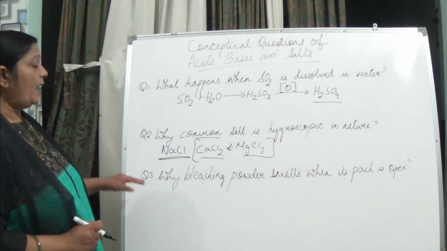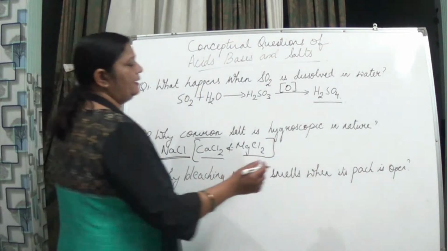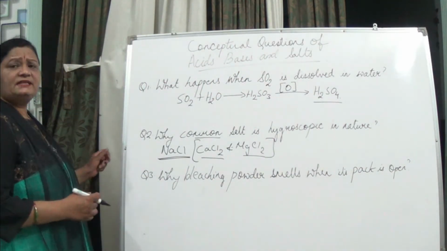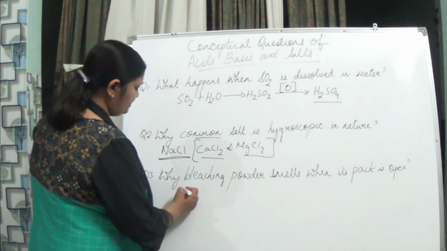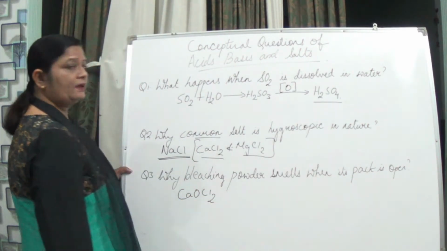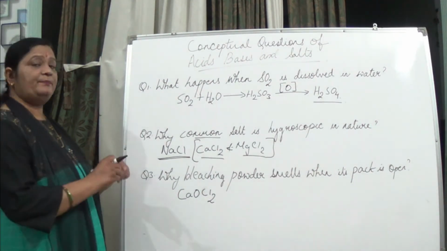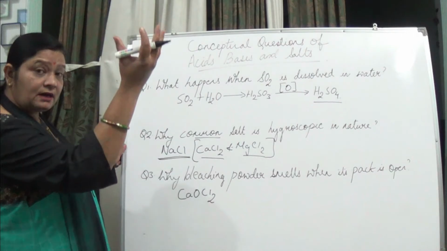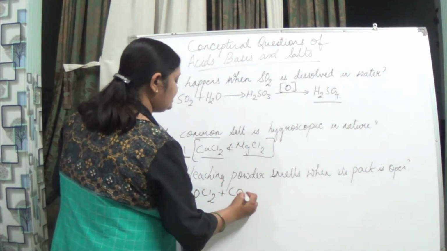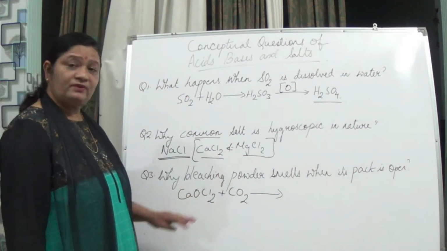Now, why does bleaching powder smell when its pack is opened? Bleaching powder has the formula CaOCl2. If the pack is open, it takes carbon dioxide from the atmosphere, so products will be formed.